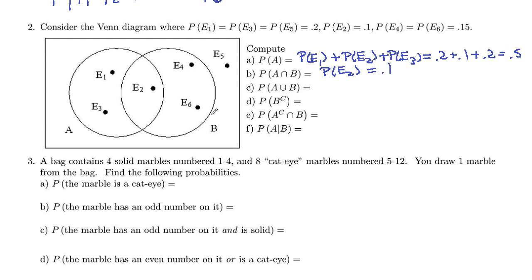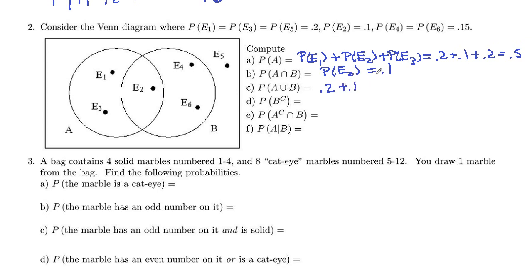A union B, so A union B here includes the sample points E1, 2, 3, 4, and 6. So everything except 5. So probability of E1, 0.2. Probability of E2 here, 0.1.